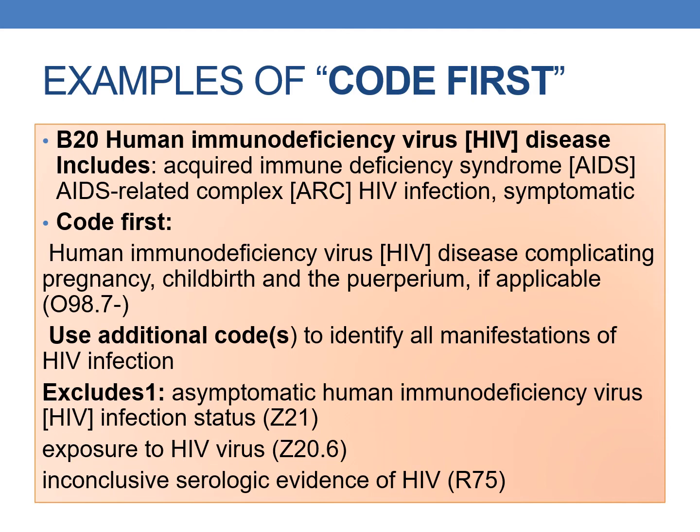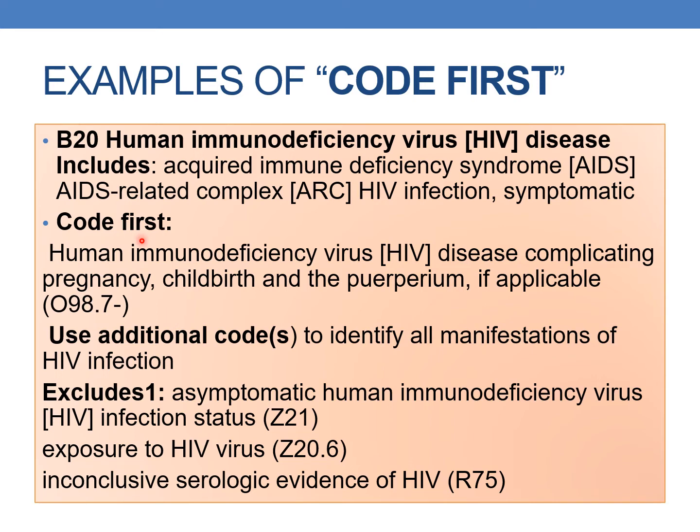Coming to some more examples of code first, under B20, human immunodeficiency virus disease, you can find includes notes. Let us discuss all the conventions under B20. The includes note includes acquired immunodeficiency syndrome, AIDS related complex, HIV infection and symptomatic HIV. In all these cases, we need to code B20. That is indicated by the includes term.